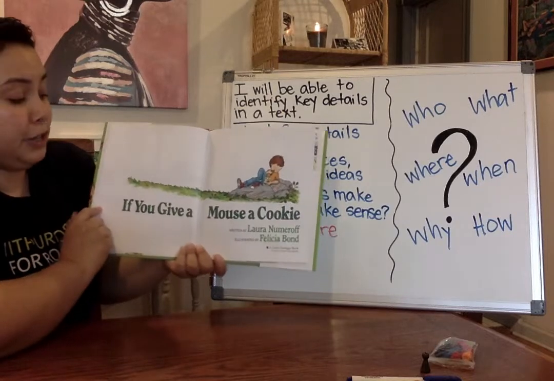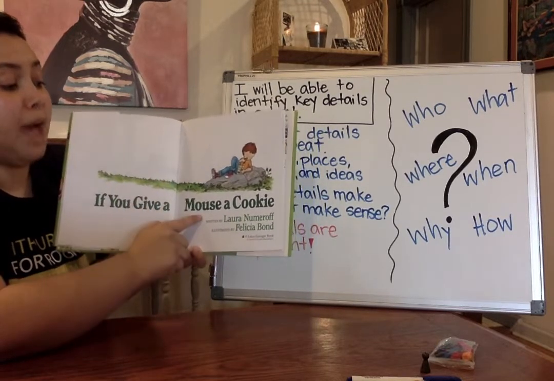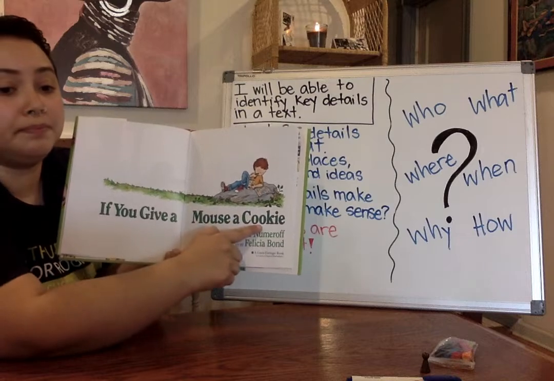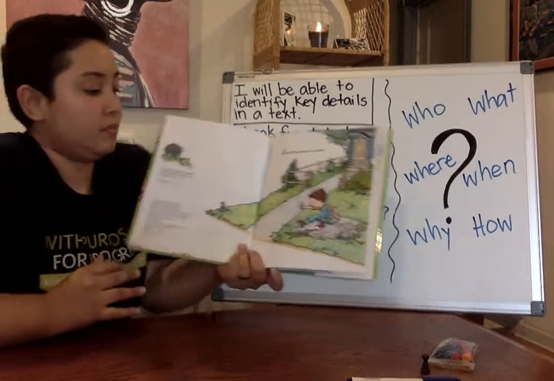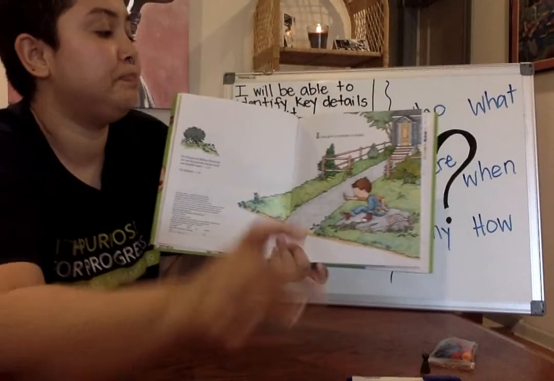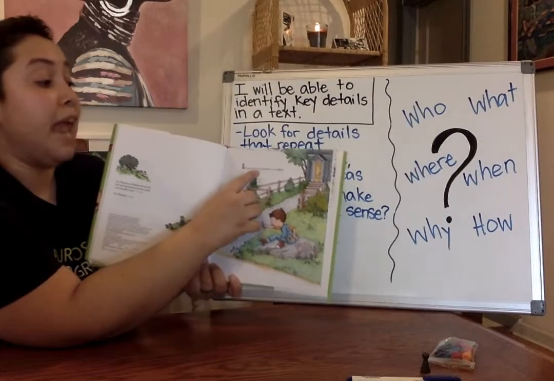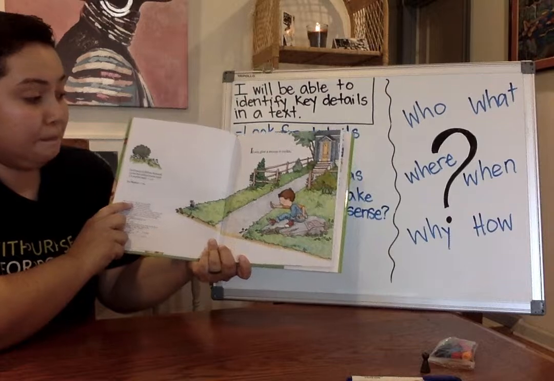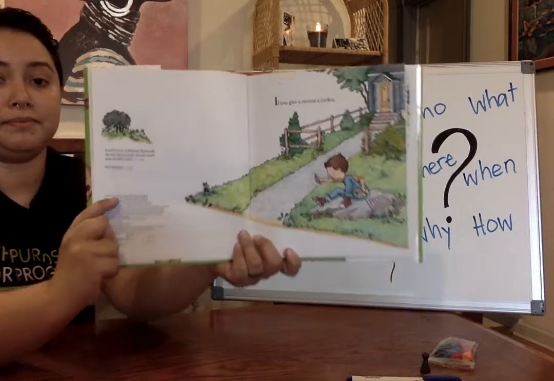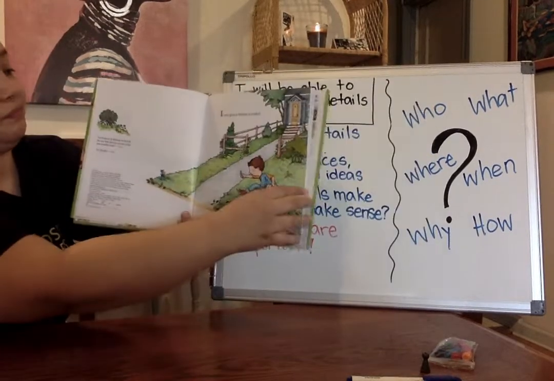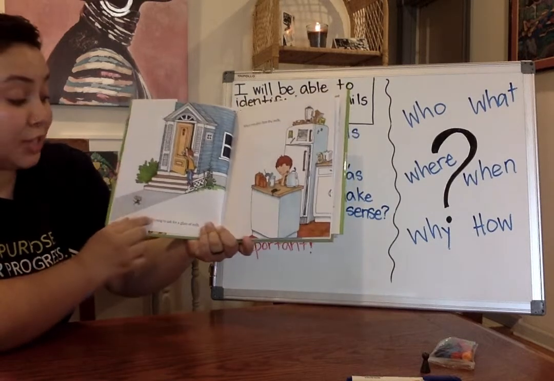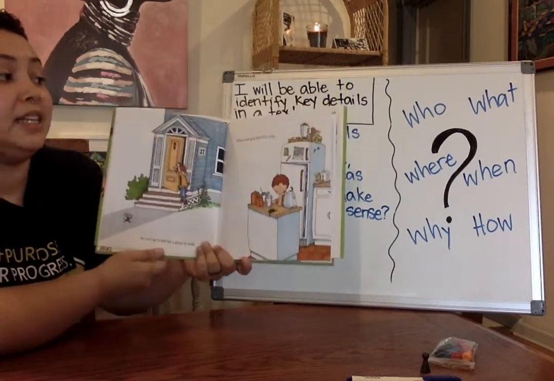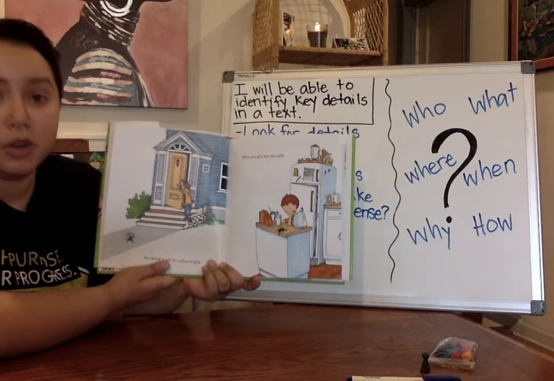Here's our title page. If you give a mouse a cookie. Now, if you give a mouse a cookie, he's going to ask for a glass of milk.